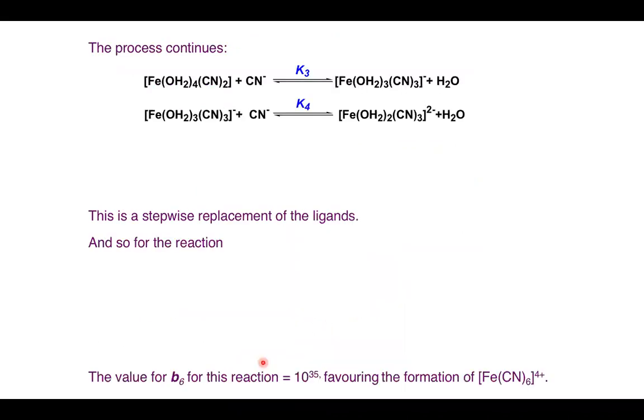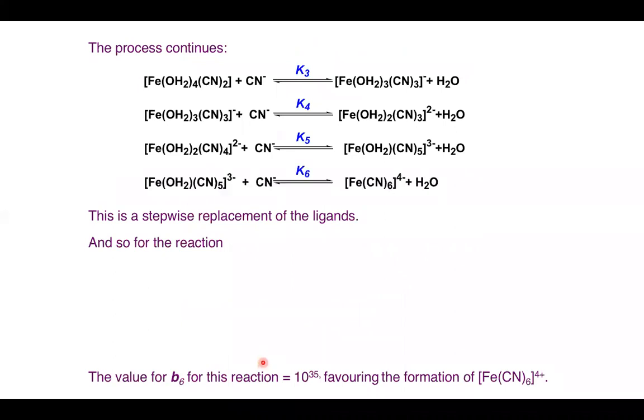So the process continues until basically all of the water molecules have been replaced, and we can develop an equilibrium expression for that and get an equilibrium constant. So this is a stepwise replacement of the ligands. And so for the overall reaction, we have this hexaaqua iron 2 complex becoming this hexacyanoferrate 4 or ferrate 2 complex.